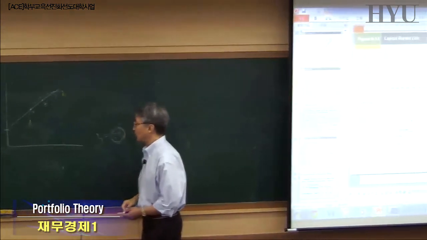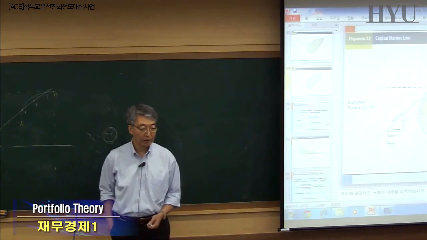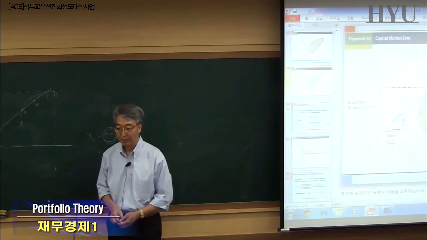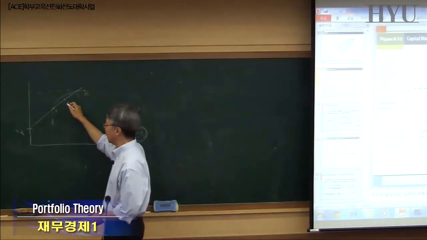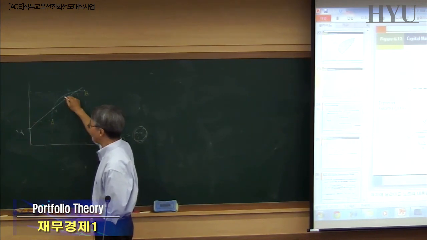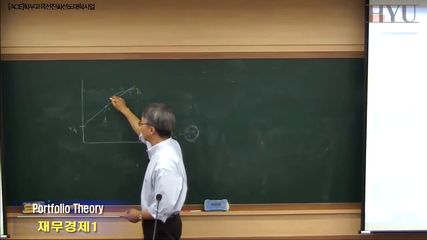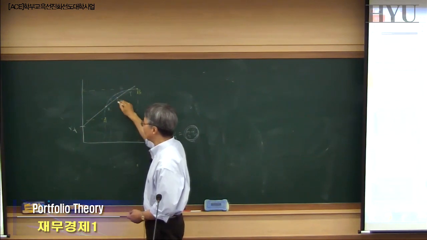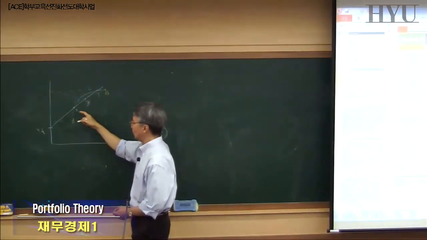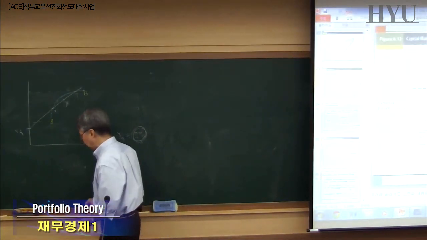If you say you're going to put your money in Z, then I would say, think again, right? You shouldn't do that. Why? Because this is not efficient. In other words, while taking the same amount of risk, you can definitely get higher return, right? Or while getting the same return, you can reduce the risk level, right? So Z is out of the question, but there's nothing wrong between X and Y, right? So you can do that, right?